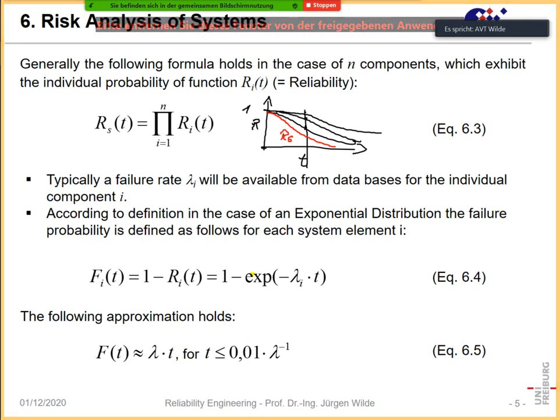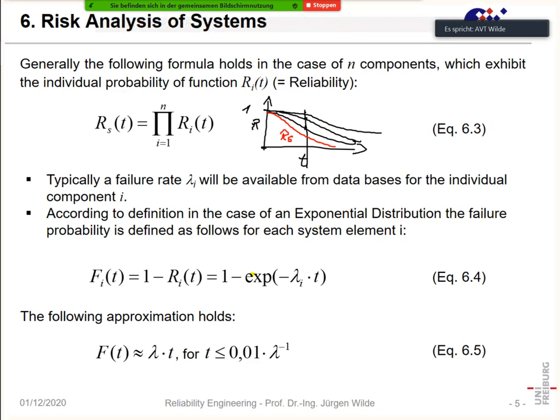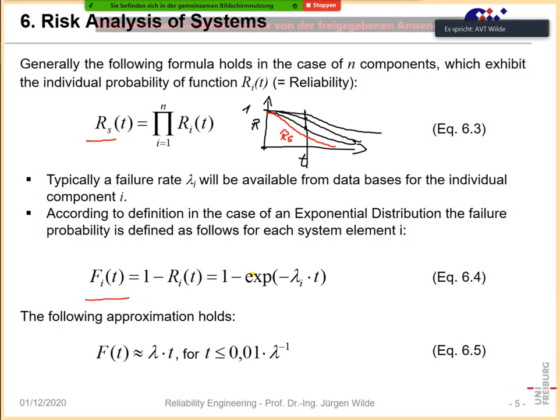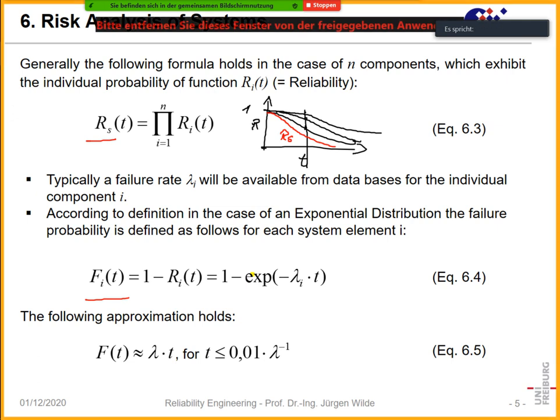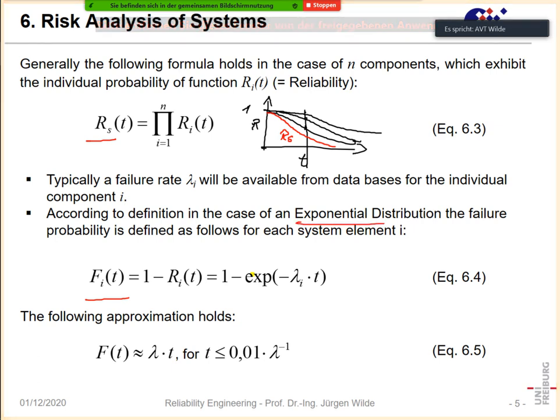And I must say, one of the easiest ways to do complex systems is either to address the reliability function, or to address the failure function, or to address both. So in that case, we would like to know the failure function of a certain element. So Fe is 1 minus Ri of t, and in the case of an exponential distribution, it is 1 minus e to the power of minus lambda times t.